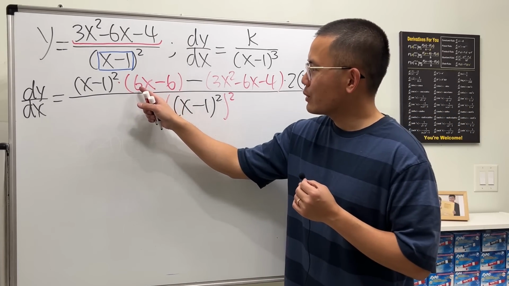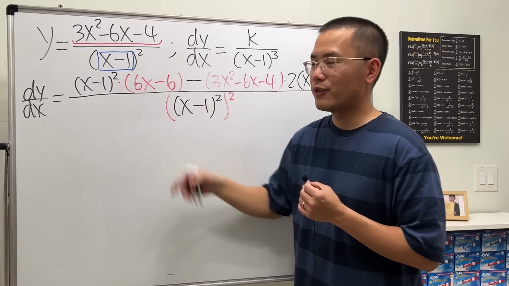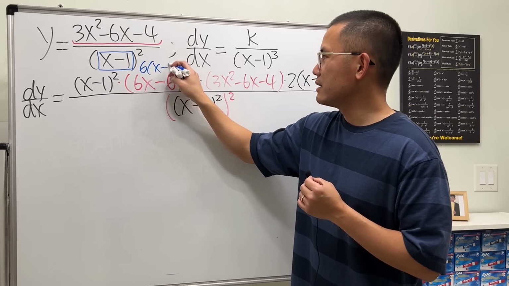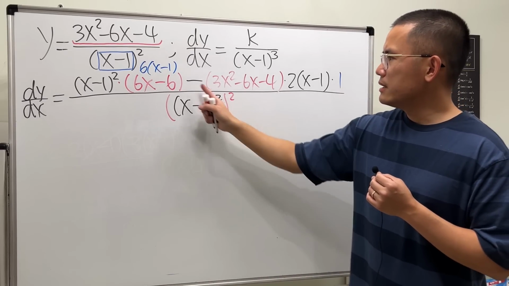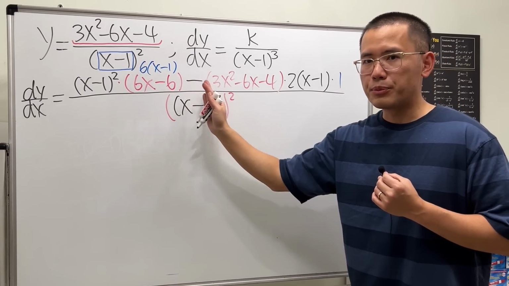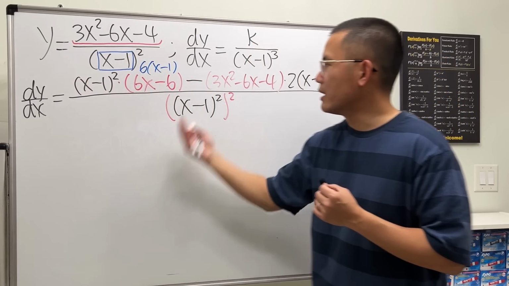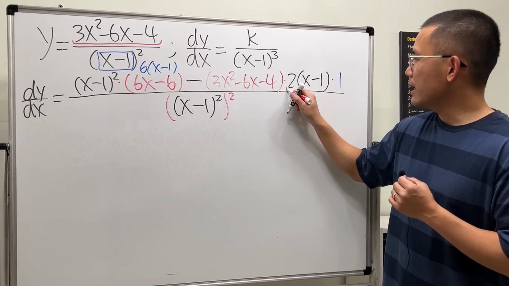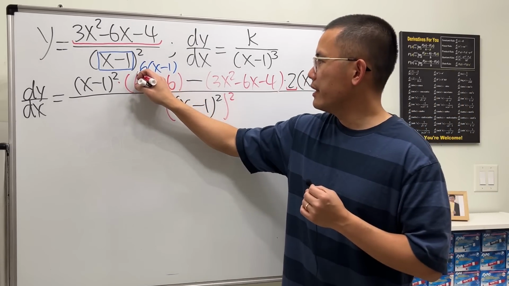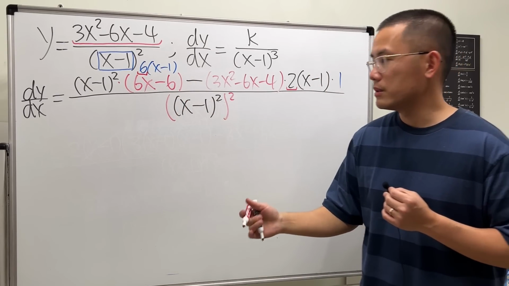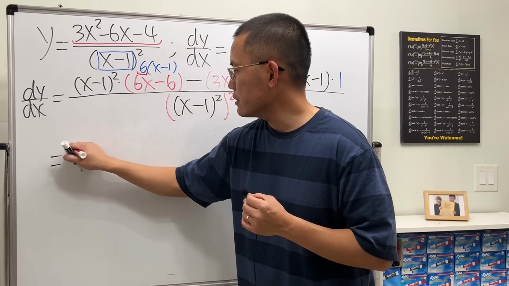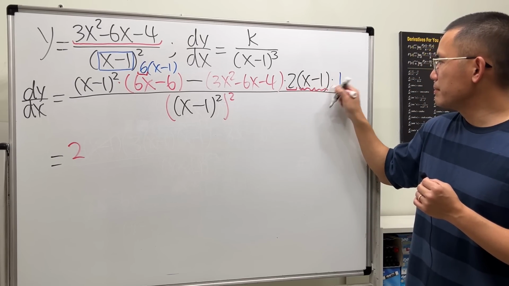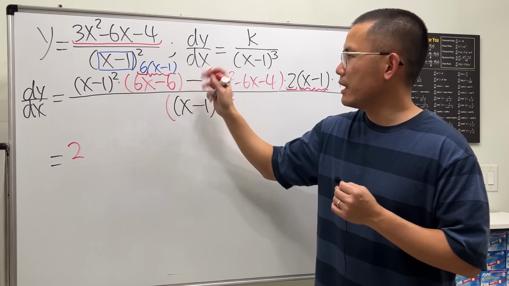Okay, now we just have to simplify this expression, and hopefully we do get just a number on the top. Right here, I noticed that we have 6 here, so I'm going to factor out the 6. So we have 6 times (x minus 1). And this subtraction is like a separator. All this is the first part, and all that is the second part. We know that here we have the number 2, and the number 6, we can factor out the 2. So let's do that. Moreover, I noticed that here we have the x minus 1, and I'm going to factor out that x minus 1 as well.